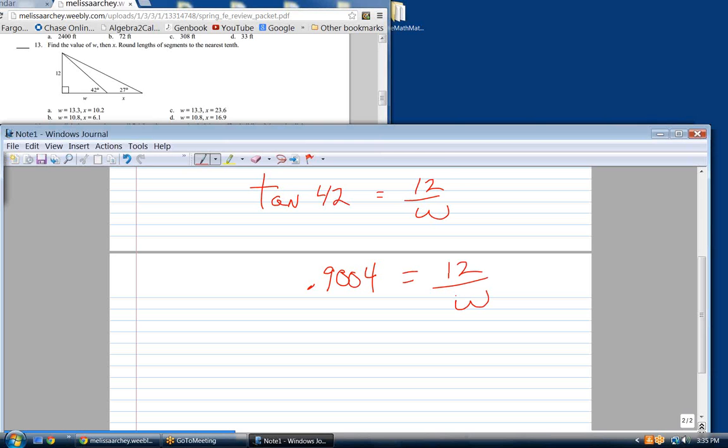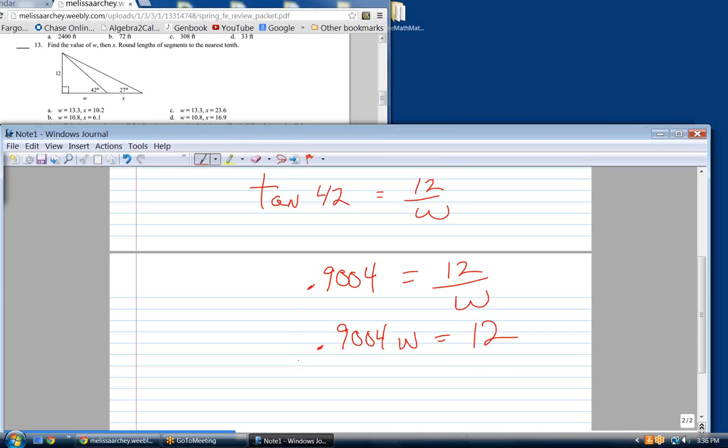Okay, in order to solve this equation for W, multiply both sides by W. Now what? And then you divide by 12. No?